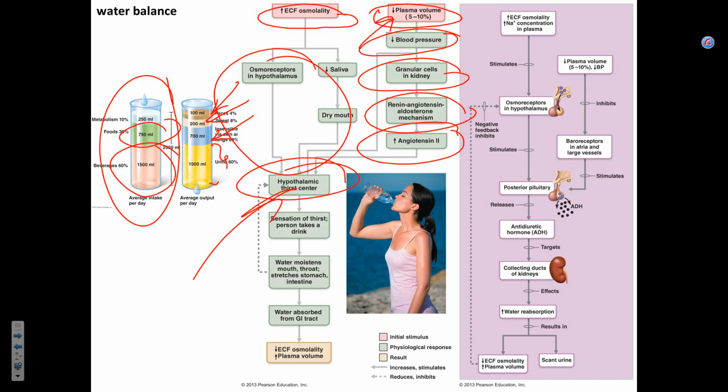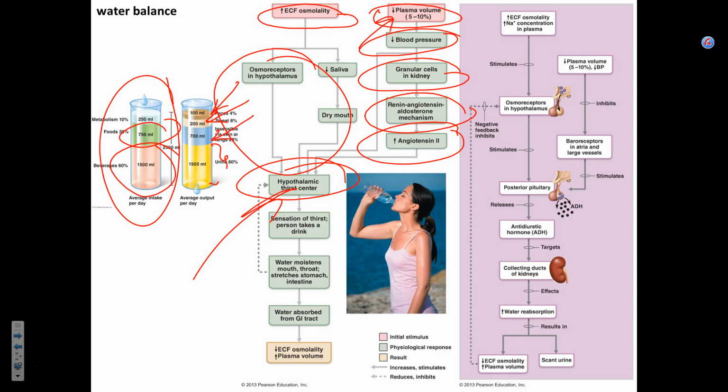Which hormone? So renin, angiotensin, and the third, aldosterone system. So your aldosterone will go up. And aldosterone will increase the retention of what? Sodium. And retention of sodium will increase the retention of what? Water.